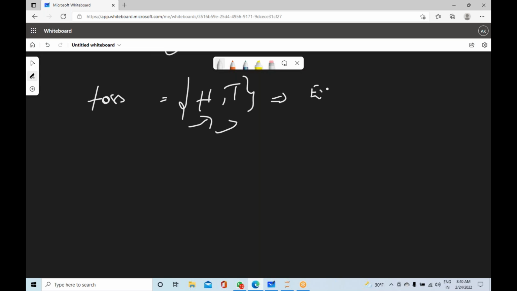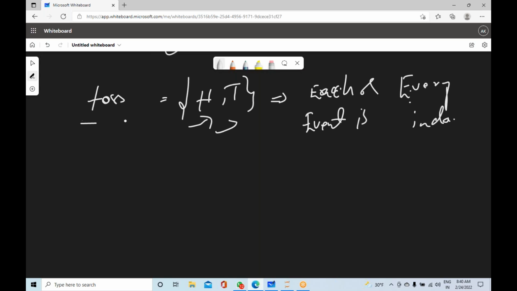So here, each and every event is independent. It can be the tail, it can be the head. That is what we call independent events.